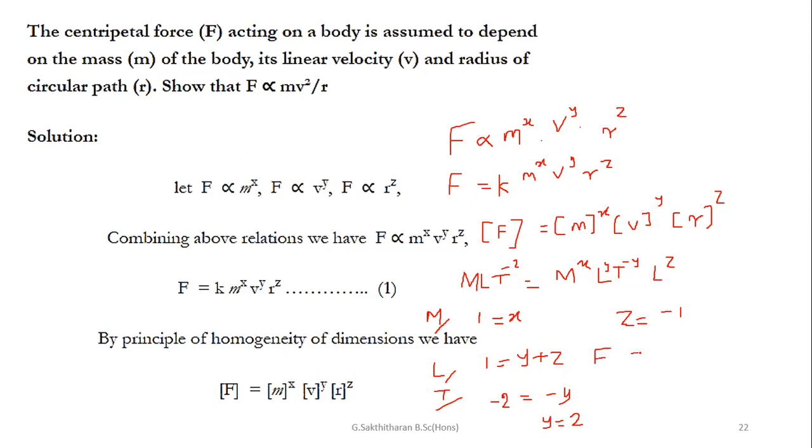So putting the values, F equal to K into m to the power 1, v to the power 2, and r to the power minus 1. So F equal to K m v square over r.